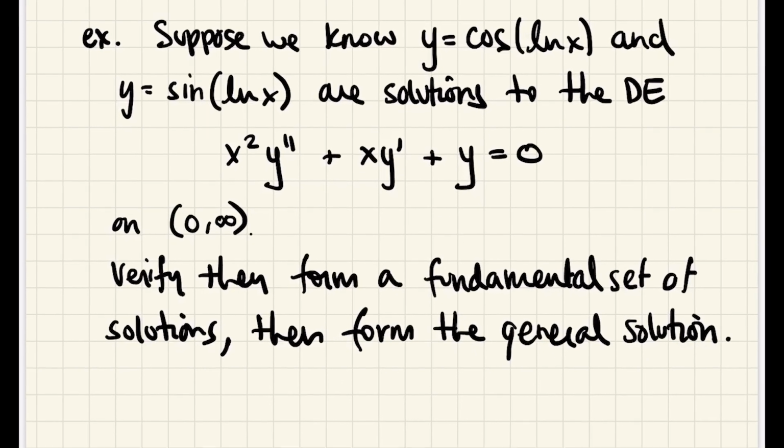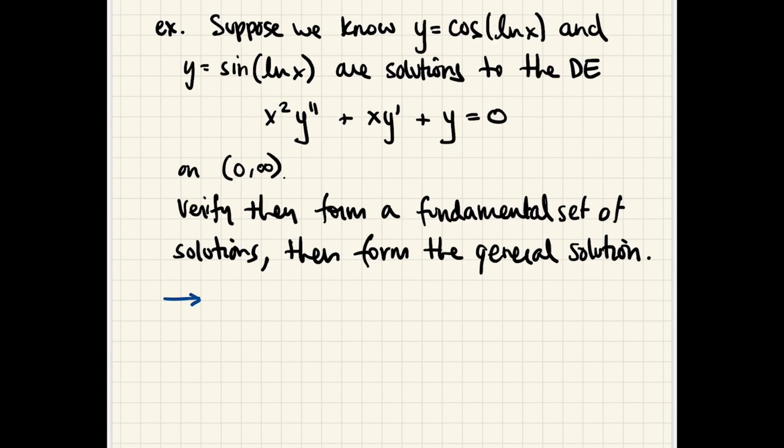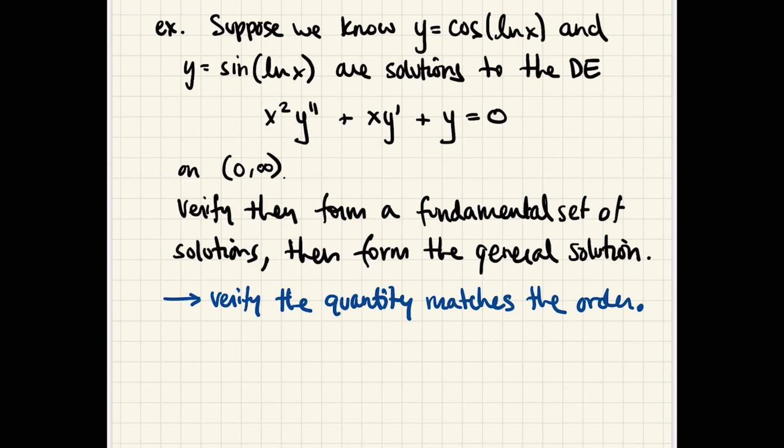So what are we going to do? Well, first thing we should do, which is very easy, is to verify that the quantity of solutions we're given matches the order. So here we have a second order differential equation, which means that its fundamental set should have two functions in it. And of course we are given two, so yes, that's easy to check.